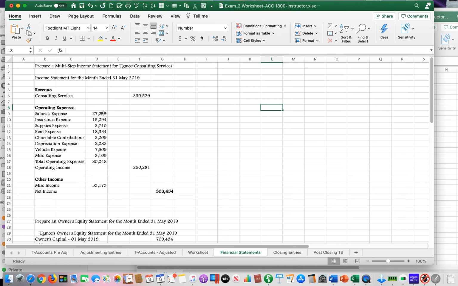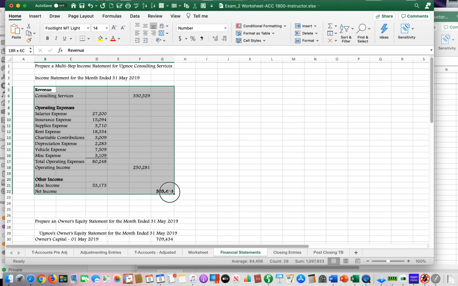Look, we got consulting services, came right off the worksheet on the credits. And technically, miscellaneous income should be after, but if you include it up here at the top, I wouldn't be mad at you for right now. So these are all the expenses that came off the worksheet. Every single number here came off the worksheet except for the totals.